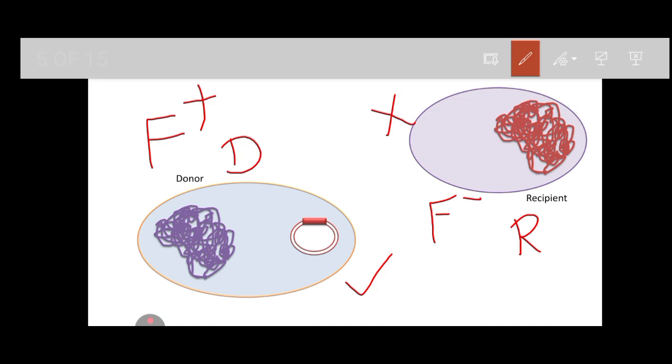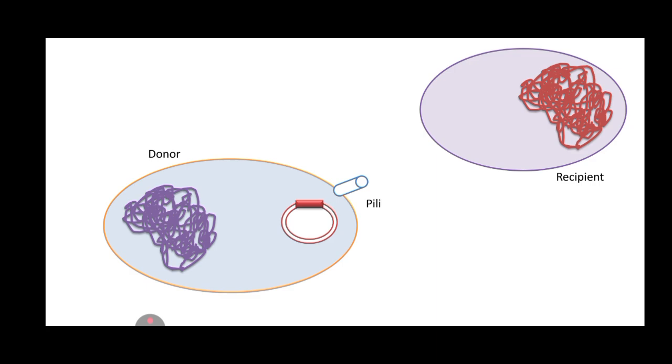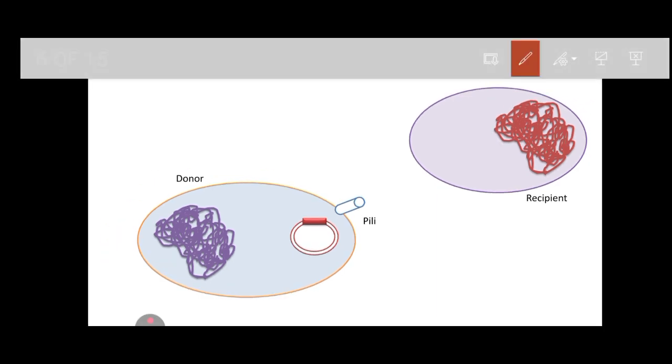The F factor present in the F plasmid enables the organism to form a structure, and this structure is called pili. Remember, the structure is called pili.